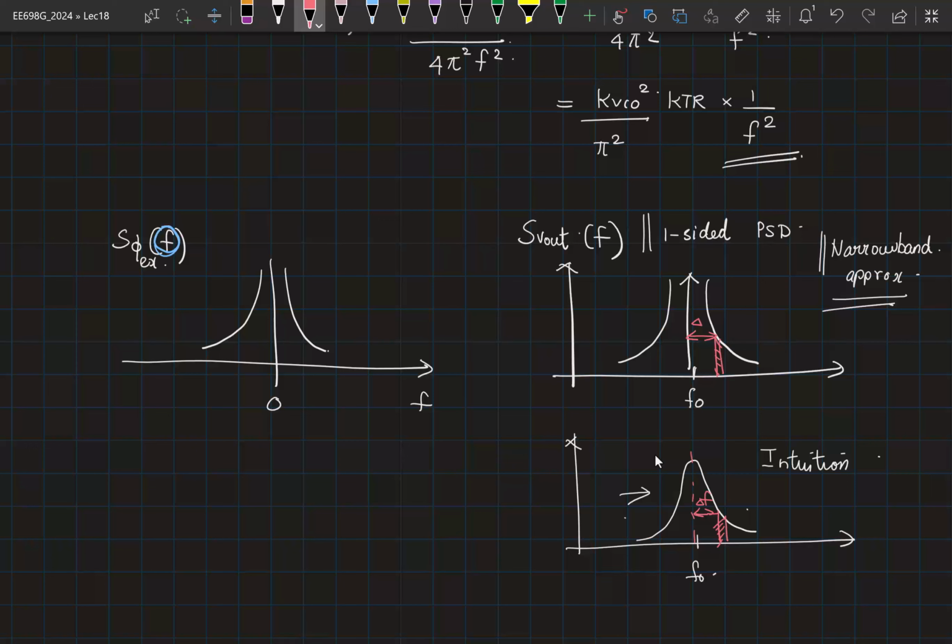But as your delta f comes closer to f0, the results will begin to diverge. But narrowband FM approximation is a very nice tool. It allows you to intuitively and quickly think about how the signals are varying, and to quickly plot the phase noise spectrum. So we will still use it, but we will stick to delta f's greater than 1 kilohertz. The moment you come below that, maybe you should consider whether the approximation is still valid. Is that okay?